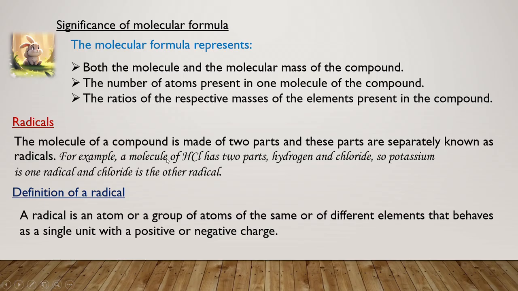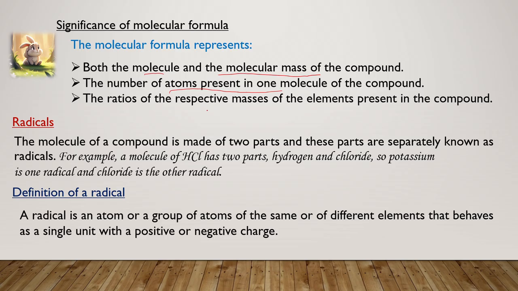Okay, now what is the importance or significance of molecular formula? The molecular formula represents both the molecule and the molecular mass. You can see that in NH4Cl, 4 is written below, isn't it? So by looking at that, we can easily understand what will be the mass of that compound. Secondly, the number of atoms present in one molecule of the compound.